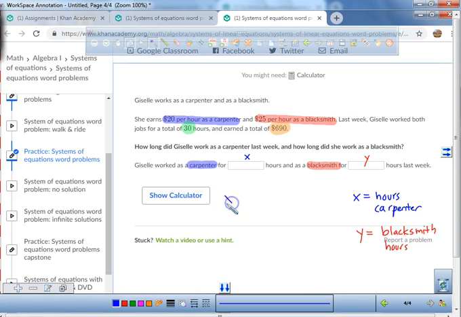So the carpenter hours plus the amount of hours she worked as a blacksmith equals a total amount of hours for that particular week. How many total hours did she work for the week? 30.